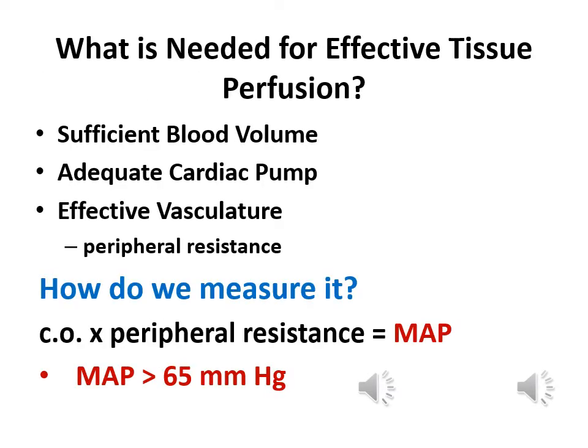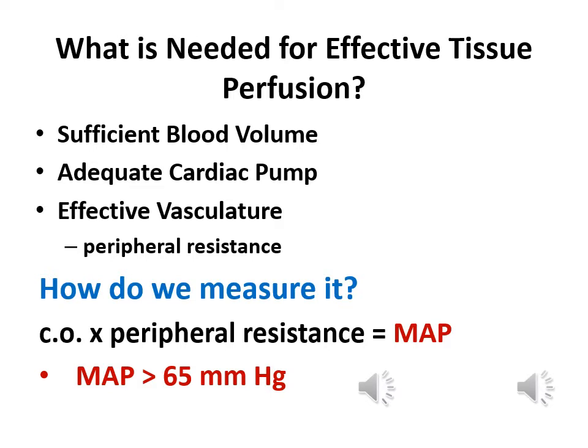Now that we know that ineffective tissue perfusion is a problem in shock, let's look at what is needed in the body for effective tissue perfusion. Well, the body needs three things. Number one, it needs a sufficient blood volume.